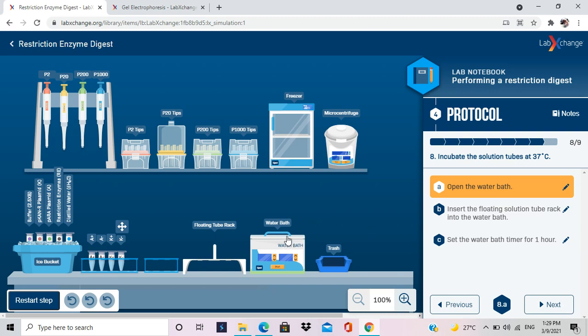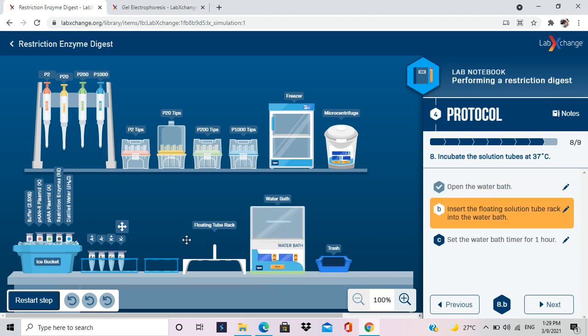After that, I open the water bath. Put the solution tube into the floating tube rack.